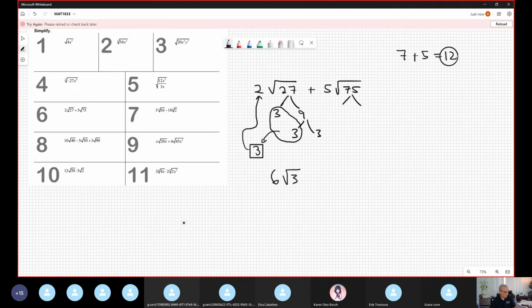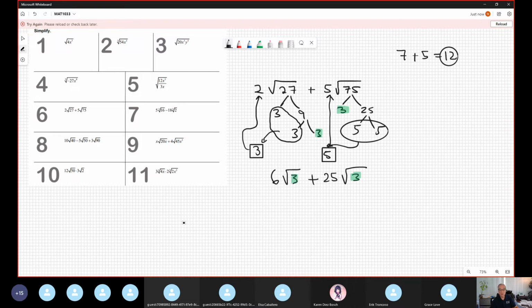I put it in the calculator: 75 divided by 3 is 25. And 25 is 5 and 5, a pair of 5s, which goes outside like a single 5, multiplied by this 5 is 25. It's a coincidence. 25 radical 3. This 3 is this 3.